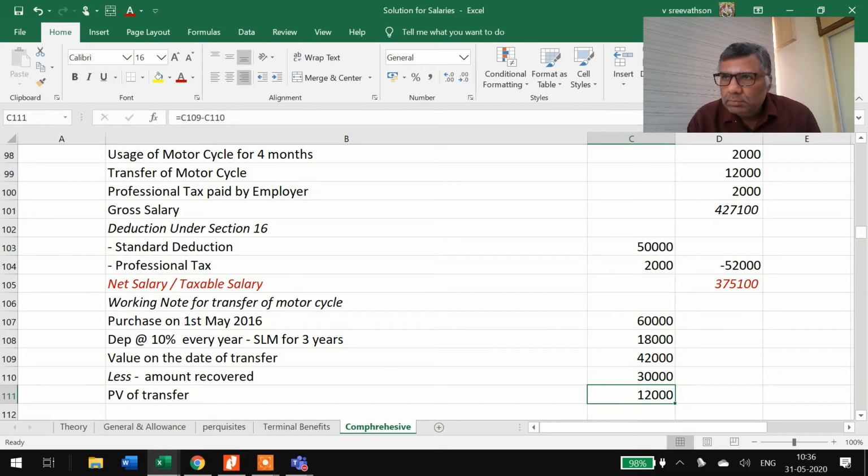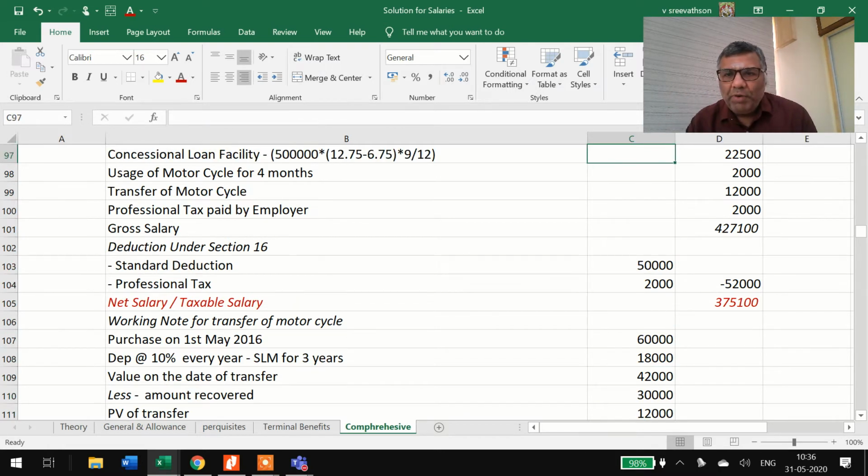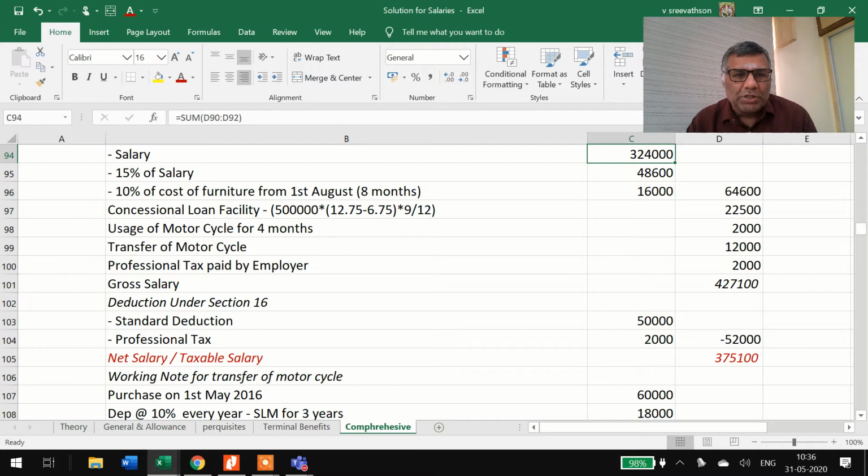Sir, in professional tax, only the amount recovered should be reduced, right? When I have increased the 2,000 in his salary, it is automatically deducted from him. When I don't take it, I have two options. Not at all take it, because there is no amount recovered and there is no payment.